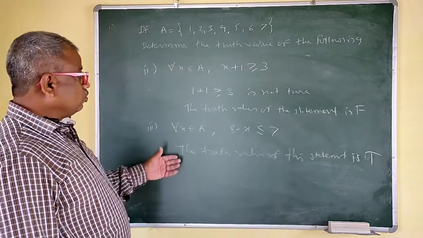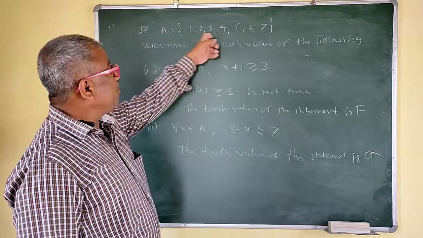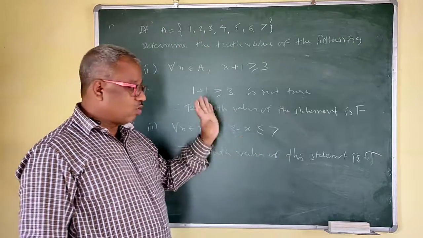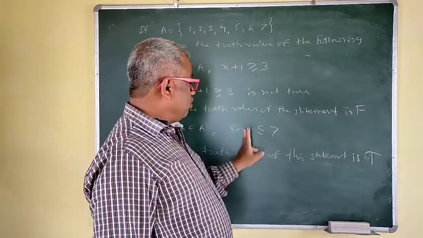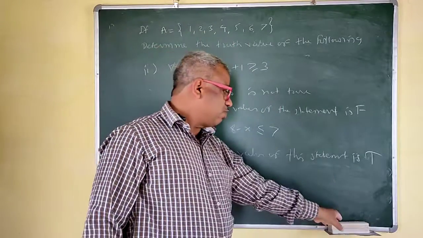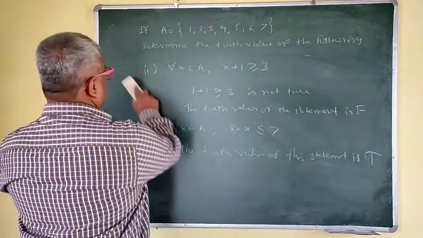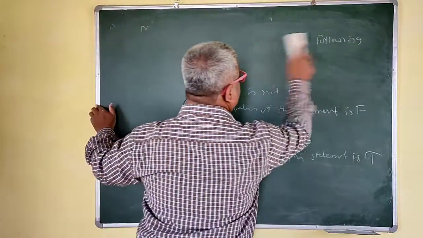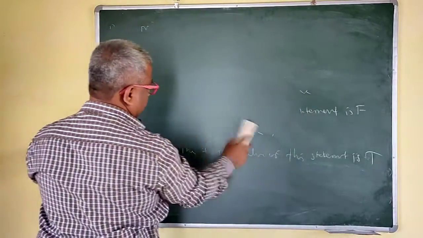So do you understand this? For every value you have to check whether it holds or not. Right? So for every value, 8 minus x is always less than or equal to 7. And for exists, that means what? There should be at least one element.